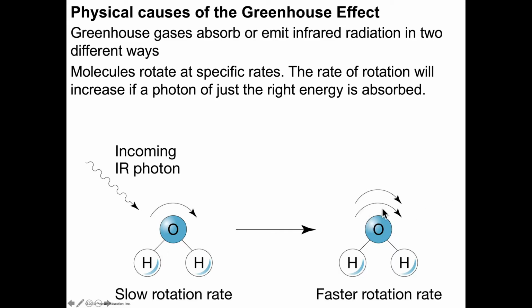It's going to speed it up. That rotation rate is a function of the energy in this system. So as we increase the energy, we increase the rotation rate. Increasing the rotation rate increases the heat content, and it increases the temperature.